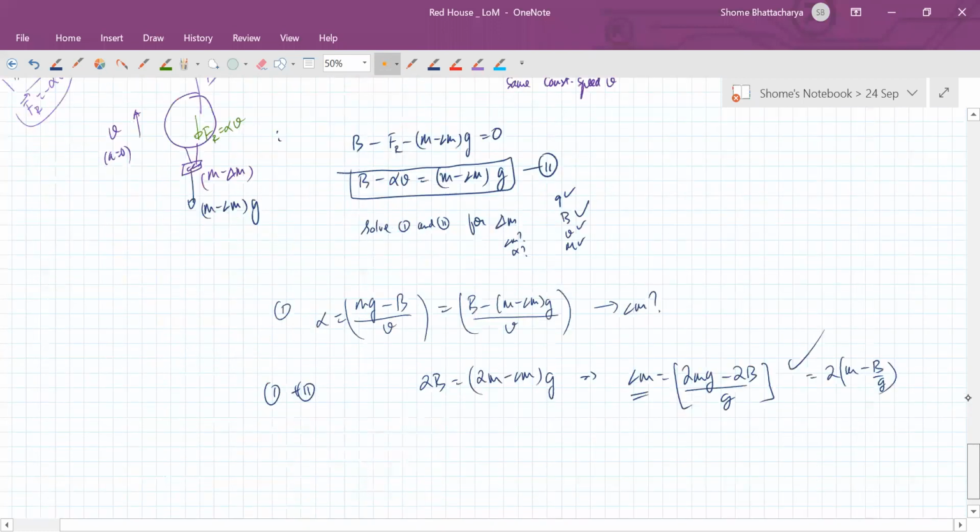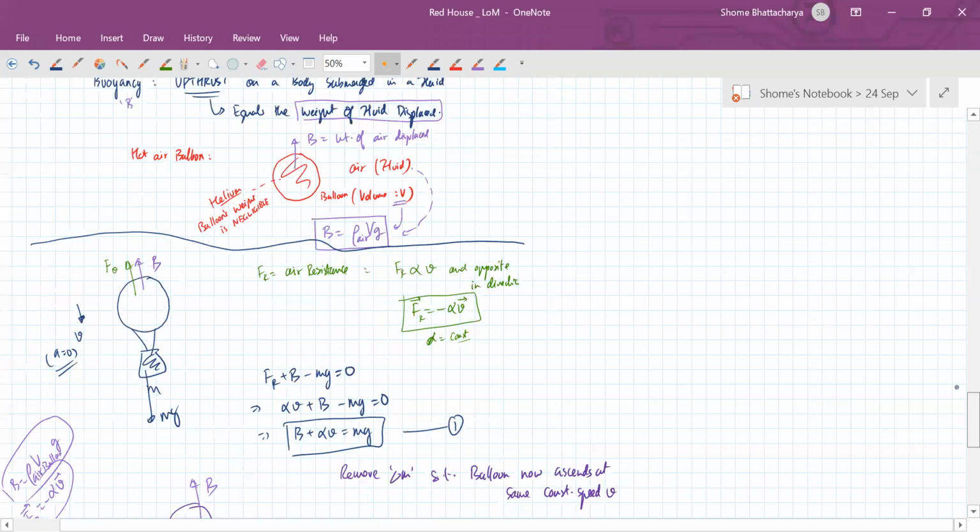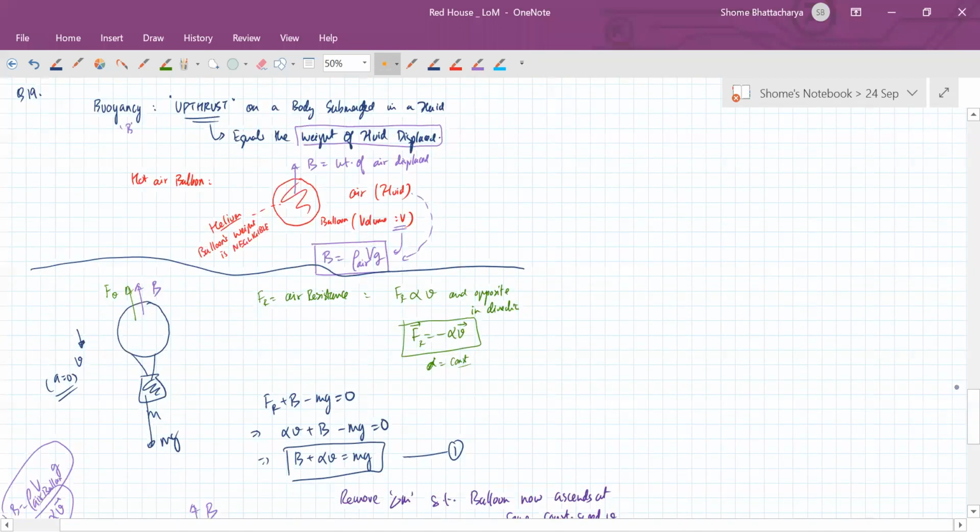So just review this part if you like. So this is about upthrust and also about resistive force, what is called air resistance.